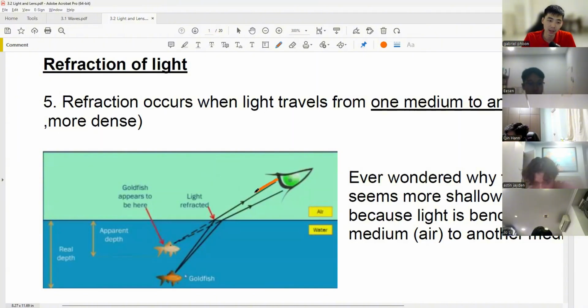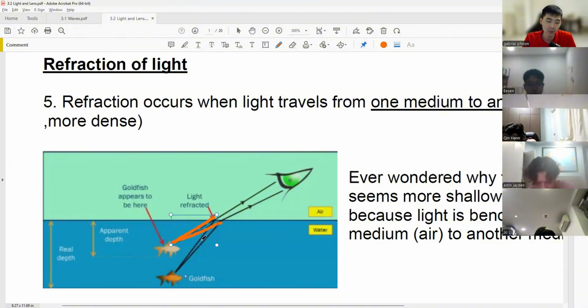But when light enters different mediums, in this case from air, which is one medium, to water, which is the second medium, light actually bends. So in reality, the light actually bends like this. But our brain has always perceived light to travel in a straight line, so we think that the light is traveling like this.